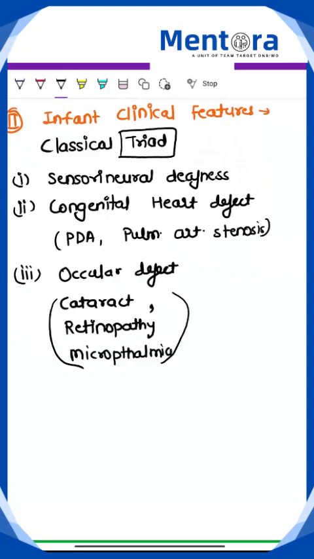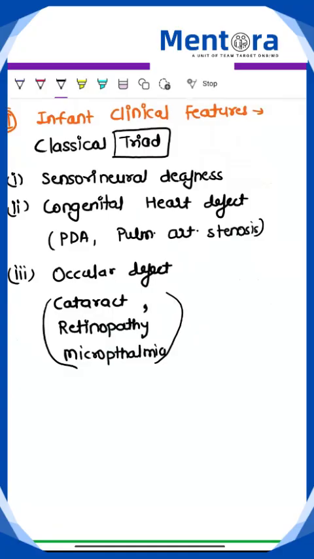So these are the classical triad of congenital rubella syndrome.